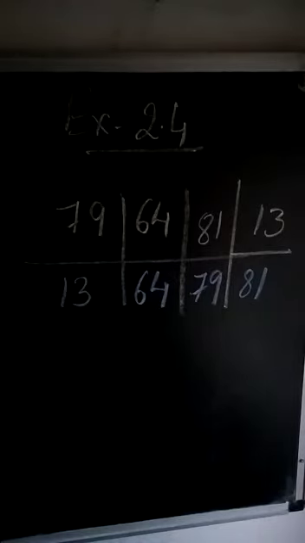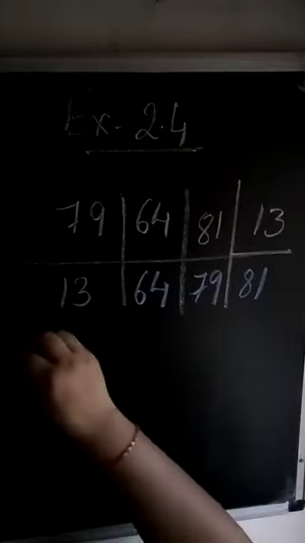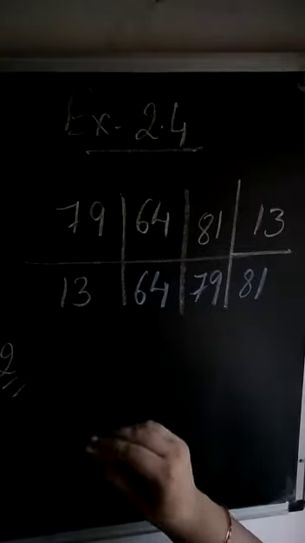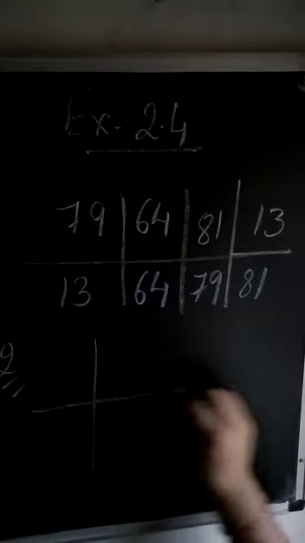Now on the second sum, we are supposed to write the given numbers in decreasing order. Again the numbers have already been given to you.